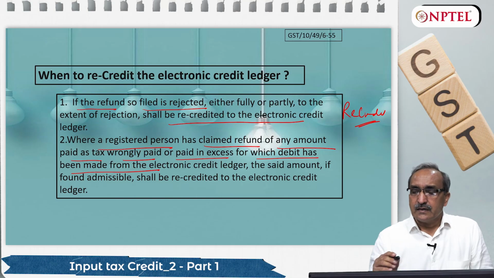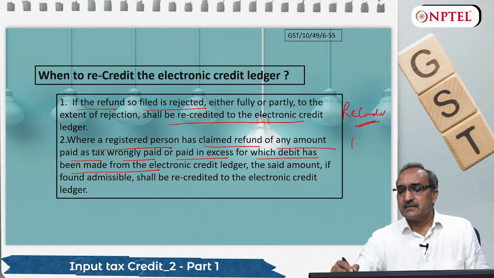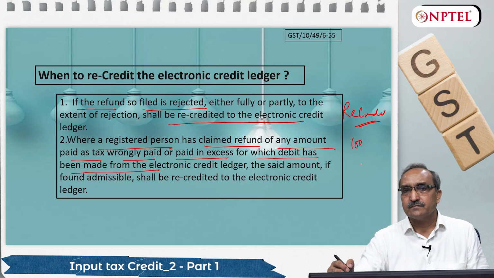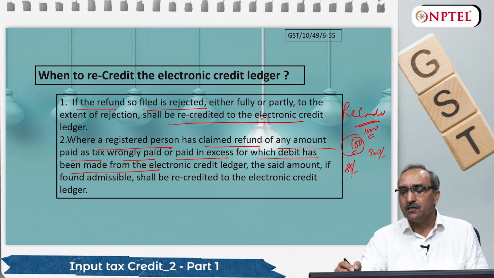So in a given case, if your liability was 100 rupees and the balance available in your credit ledger was 1000 rupees, you paid this tax of 100 rupees, your remaining balance is 900 rupees in credit ledger. But later on you came to know that this 100 rupees is actually a wrong figure, it was 85 rupees. So it means you have paid 15 rupees excess.